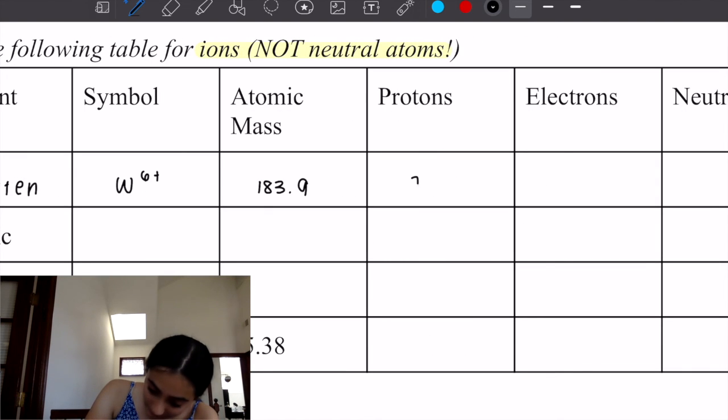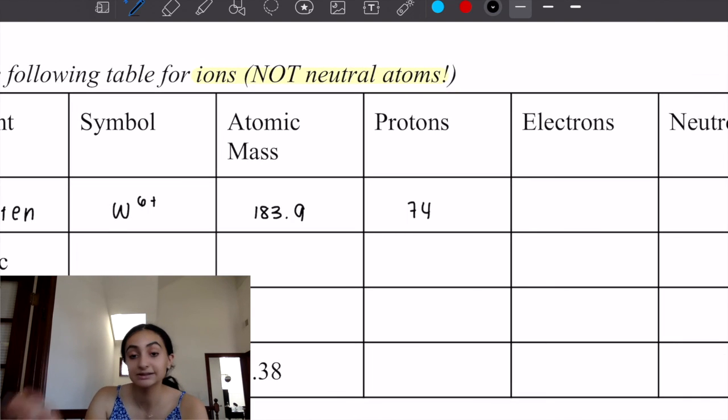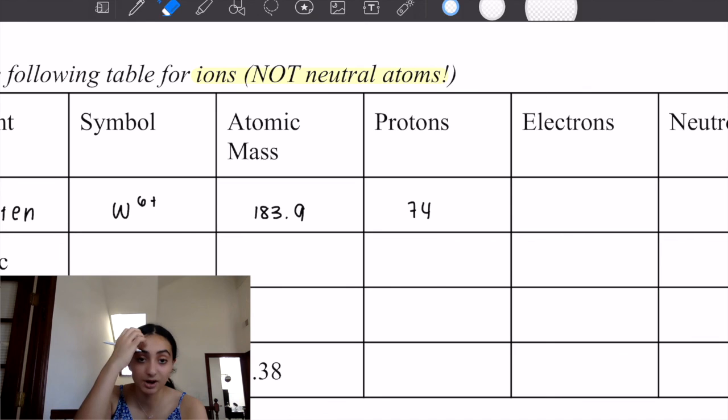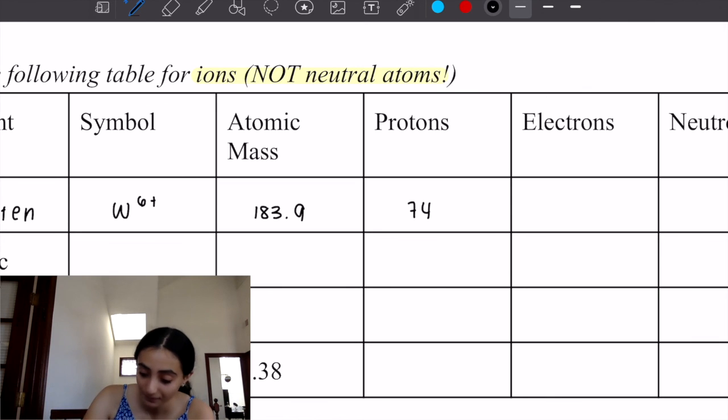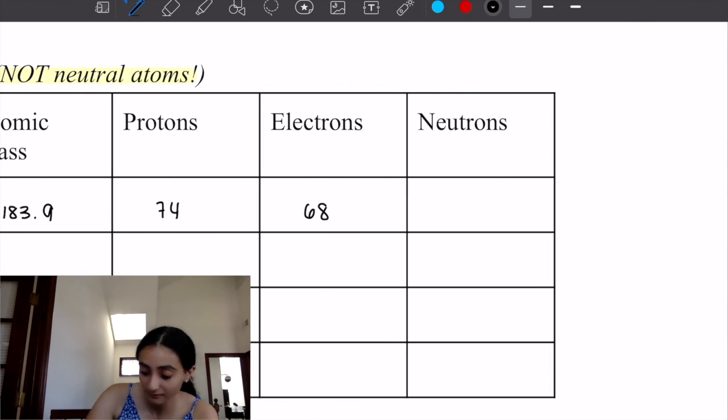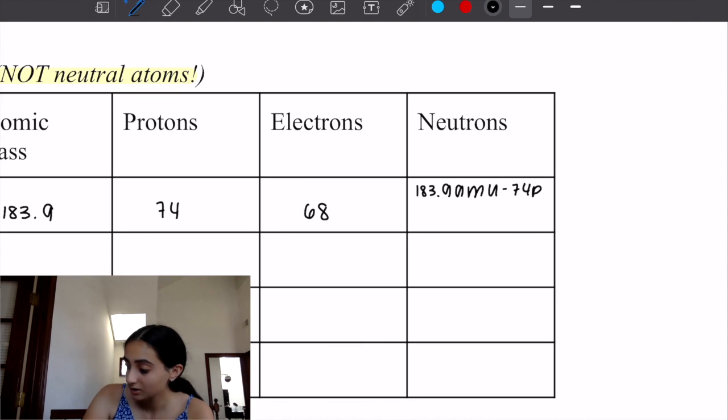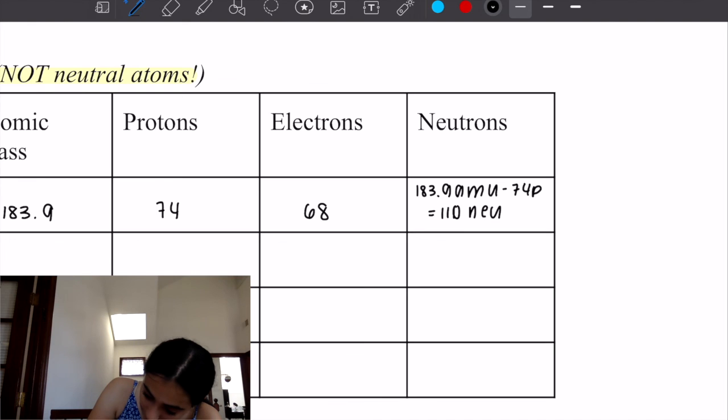There are 74 protons, and because there's a plus 6 charge, there will be 6 less electrons because it's a positive ion, a cation, which means there will be 68 electrons. For the neutrons, we can do 183.9 atomic mass units minus 74 protons to get 110 neutrons.